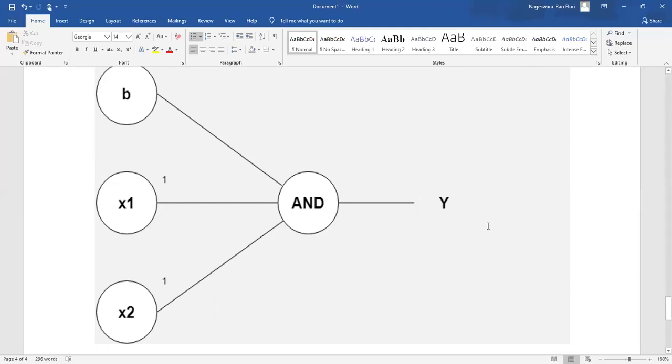Here we did not update any weight values or bias values, because we got all correct values. If you have all correct values, that means your values are optimized, so no need to back propagate or update the free parameters, weights and bias. This is the AND neuron representation using the perceptron algorithm.